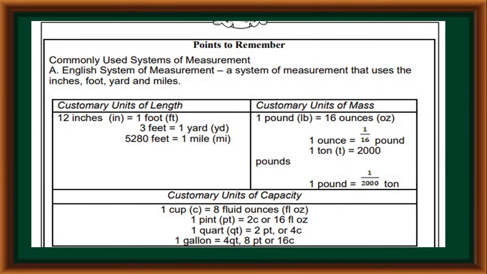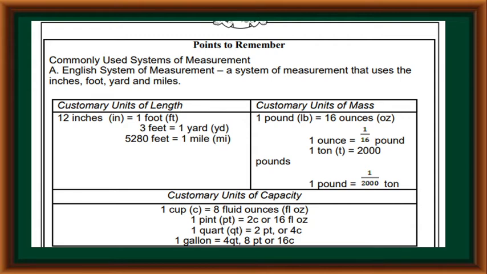Okay, so in your activity sheets, we have points to remember. So we have the English system of measurement in the measures of length, measures of mass, and measures of capacity. For the given units in the measures of length, we have inches, foot, yard, and mile.